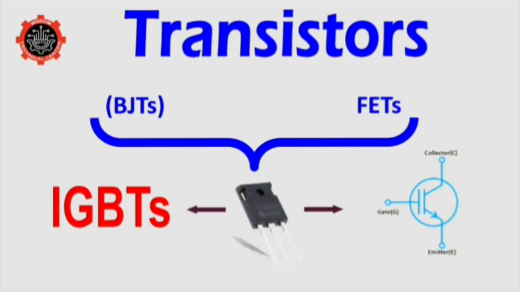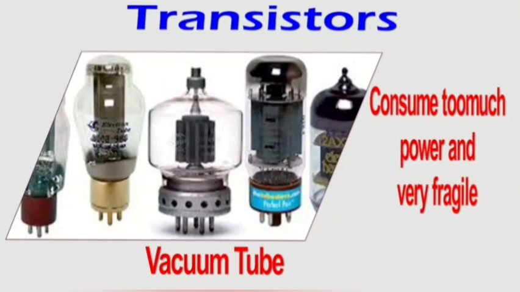Now, I will quickly wrap up on how we got here today with this short story about transistors. It was early in the 1900s, to control current, our only option was to use a vacuum tube. During that era, vacuum tubes consumed a high amount of power and were also very fragile.